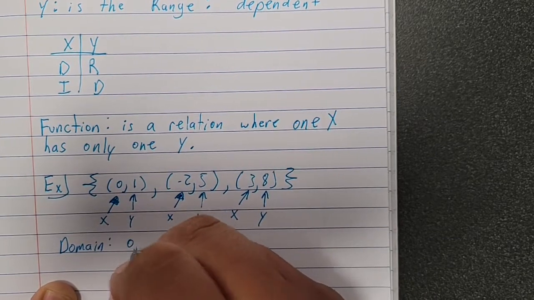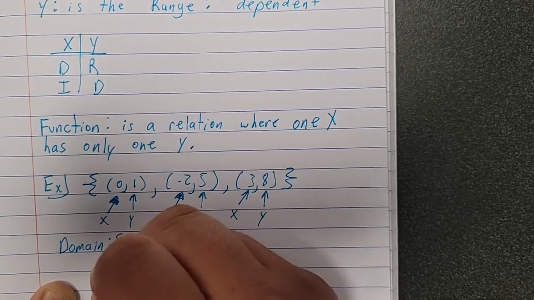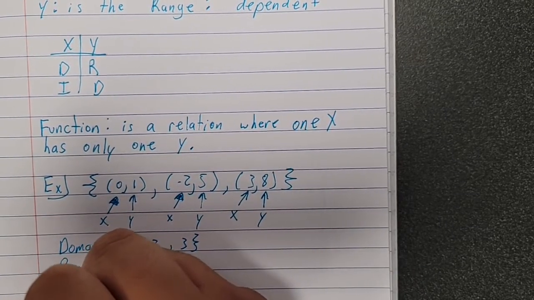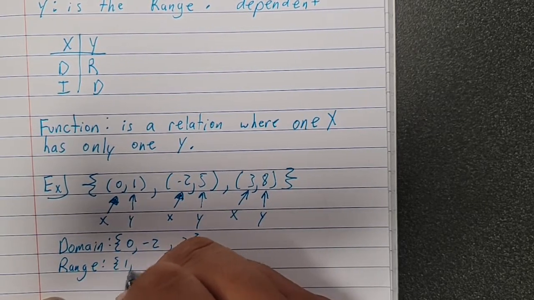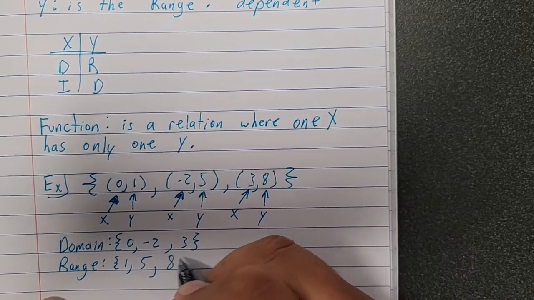This is my domain, this set right here. My range is going to be 1, 5, and then the last one is 8.